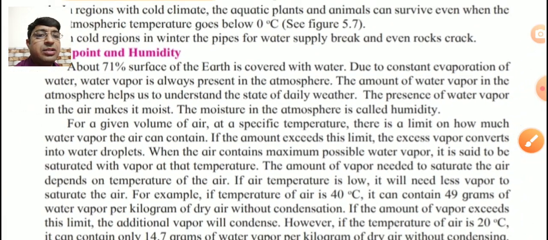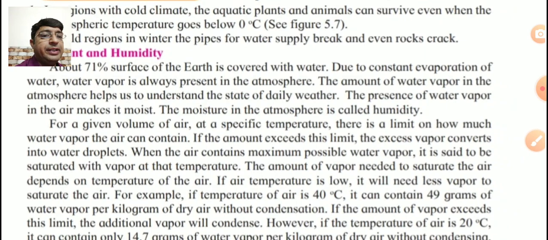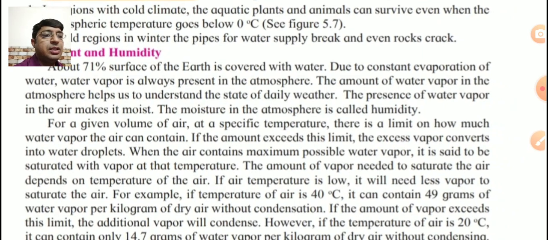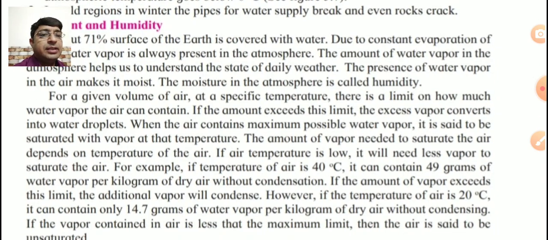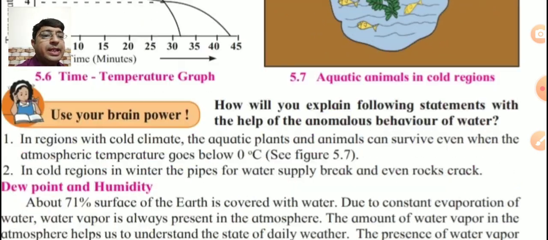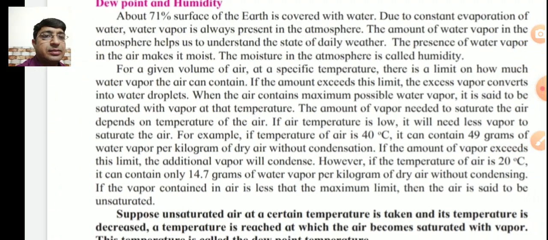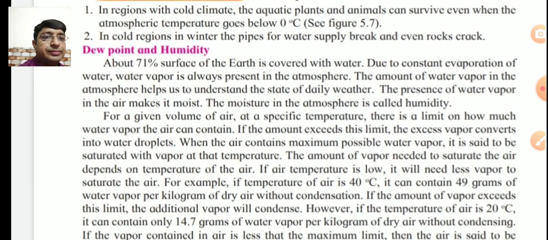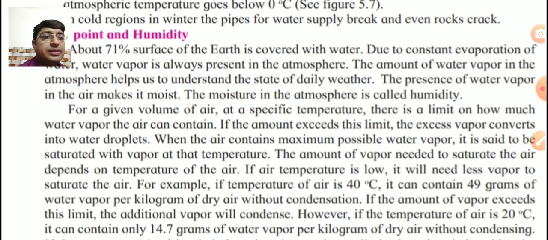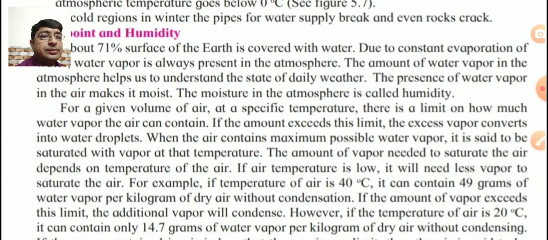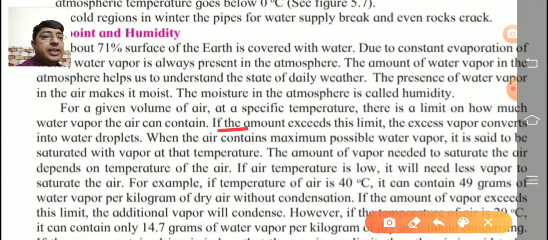Very simple definition. For a given volume of air at a specific temperature, there is a limit on how much water vapor the air can contain. If the amount exceeds this limit, the excess vapor converts into water droplets.